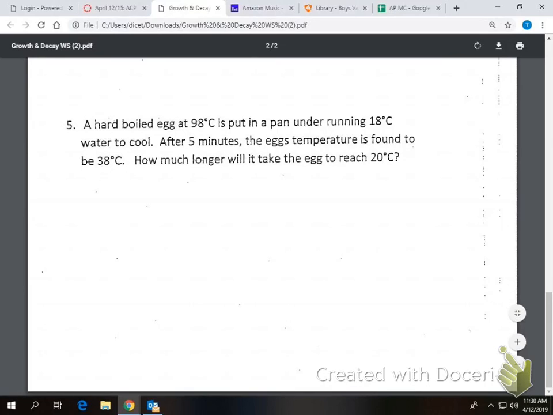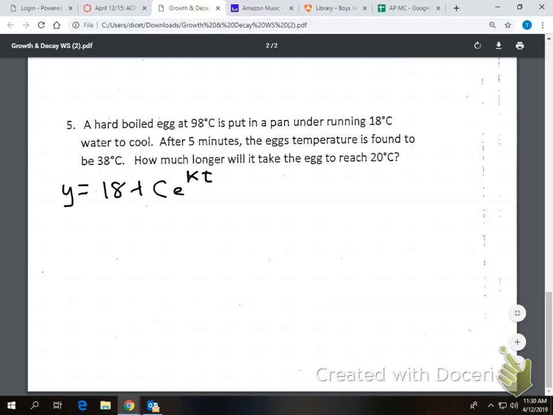All right, let's write our formula and let's do this. Y equals, what's the temperature that we're using to cool our egg? 18 plus the C e to the kt. Everybody cool with that? We need to find that C, right?